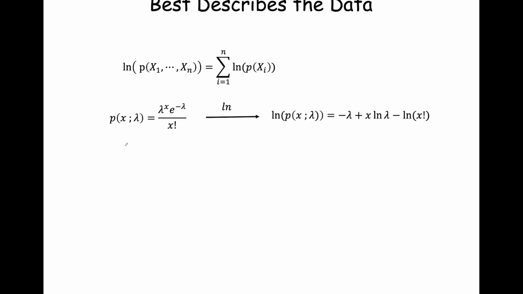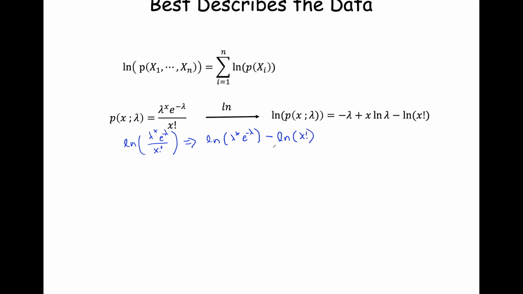Well, if we have ln of lambda to the x power e to the minus lambda over x factorial, that is the log of something over something else. That's going to equal ln of lambda to the x e to the minus lambda, minus ln of x factorial.